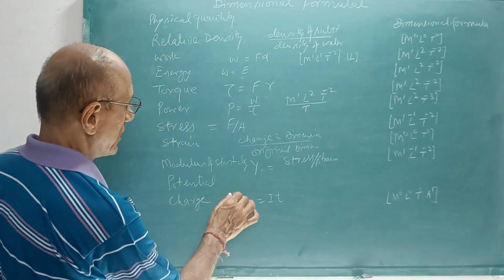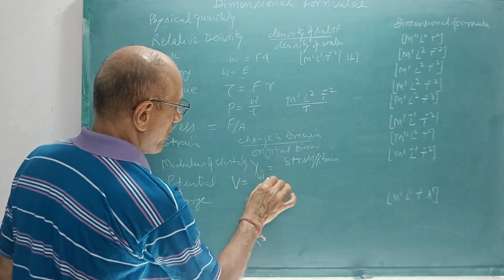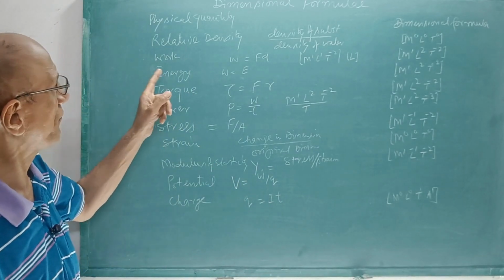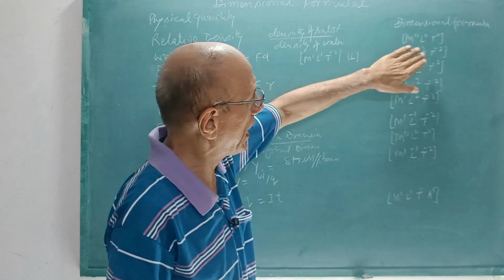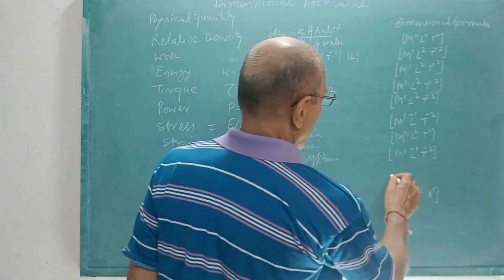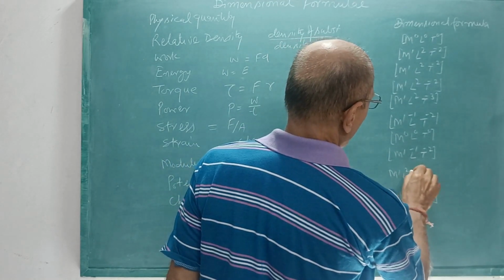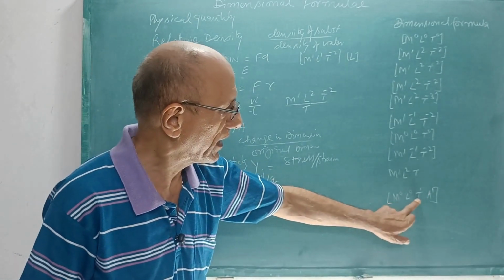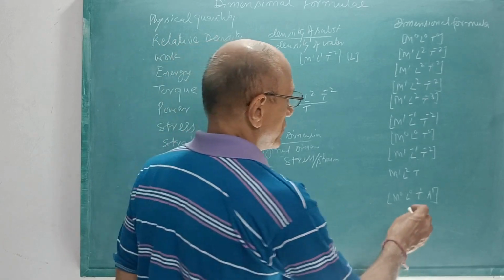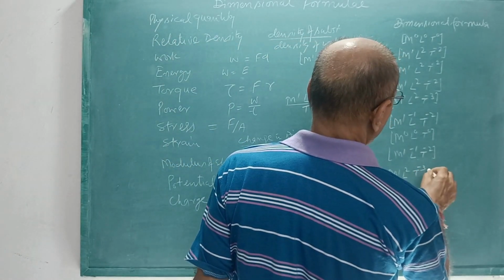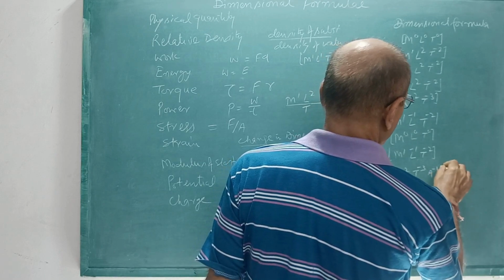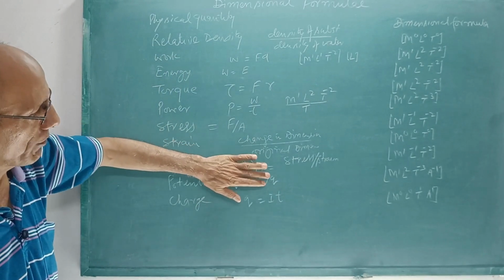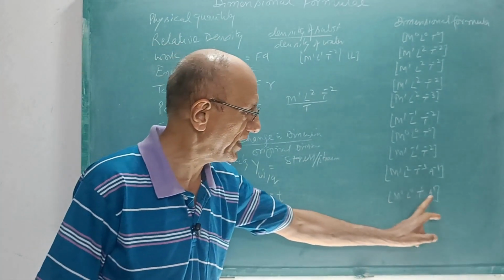And potential is work per unit charge, so work divided by charge. The dimension formula for work is M1 L2 T minus 2, divided by A T. So this will be T minus 3 and A minus 1. Let us see once again: potential is W by Q, and Q is I into T, that means A into T.